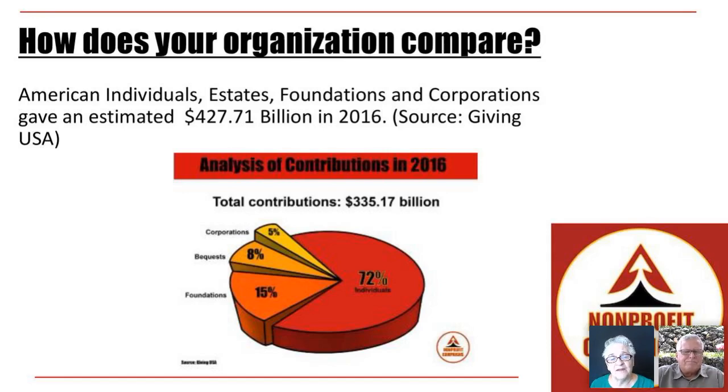But one of the things that I love about Giving USA, I think they have some great information. But one of the things that I've always argued with them about is that they really need to revise this pie chart, because bequests are not a source of donations. Bequests are a way to give. So those bequests should really go into that 72% of individuals, which brings it up to 80% coincidentally.